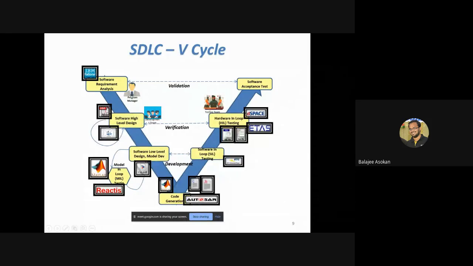Between the project manager of the development team and the guys from the OEM giving the problem, there will be a lot of interactions, based on which the design will be frozen.